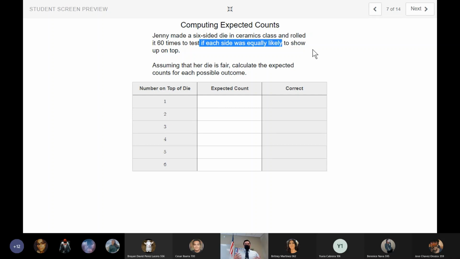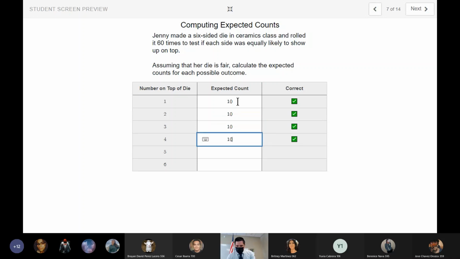The claim is that this is a fair dice, meaning that each side has the same probability of showing up. So we should be able to divide the 60 rolls by the 6 sides and get the expected count. Okay, if it's a fair die. If we were to roll the dice 60 times and our observed counts don't end up supporting that, we could have an unfair die. Right, so in this case, all of these are the same.